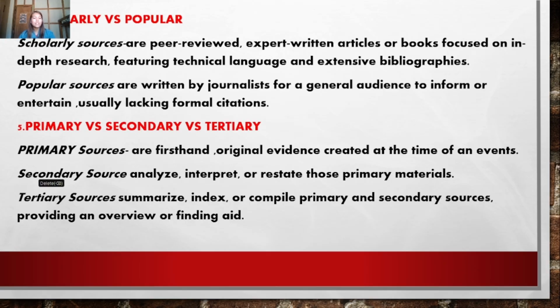Next, tertiary sources summarize, index, or compile primary and secondary sources. They also provide an overview or finding aid. Examples of tertiary sources are dictionaries, almanacs, biographies, and of course textbooks.